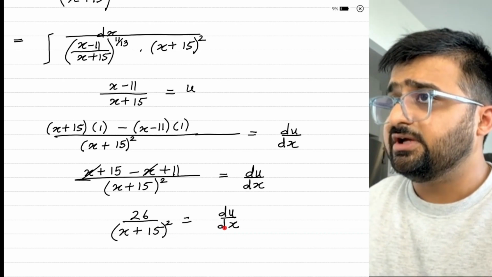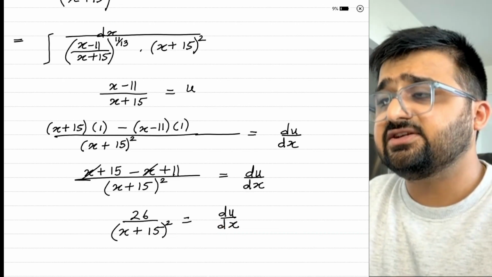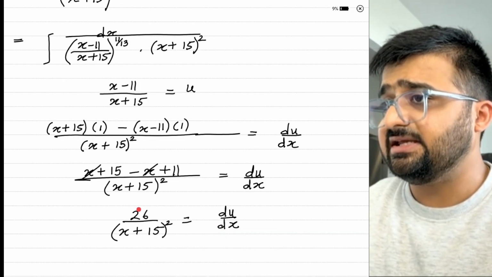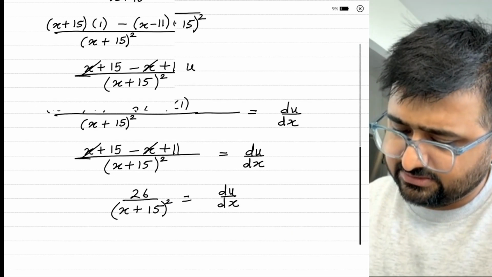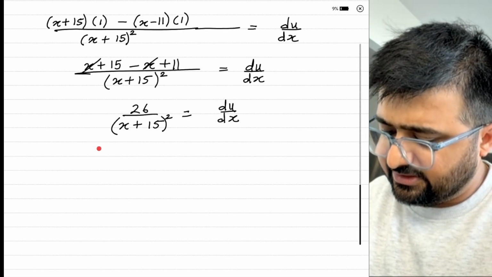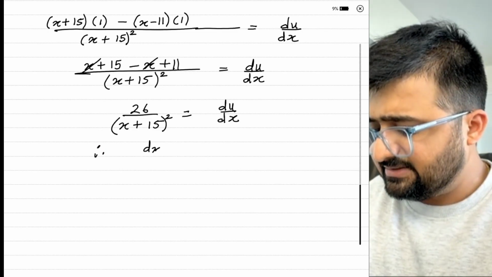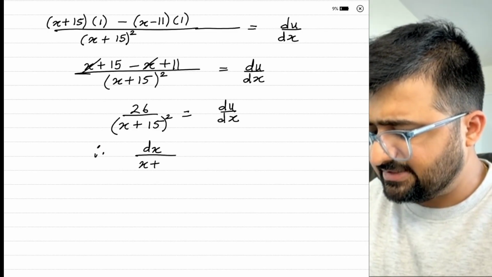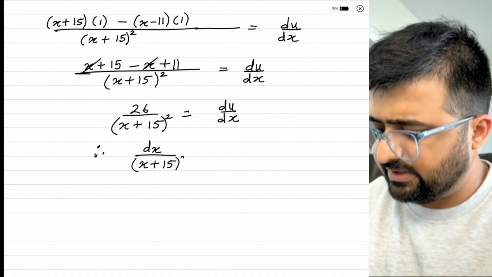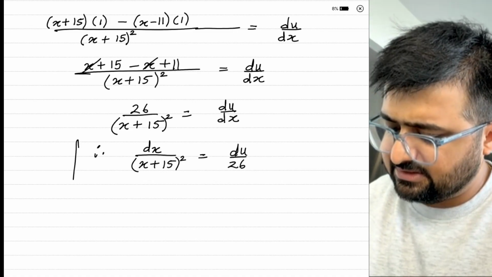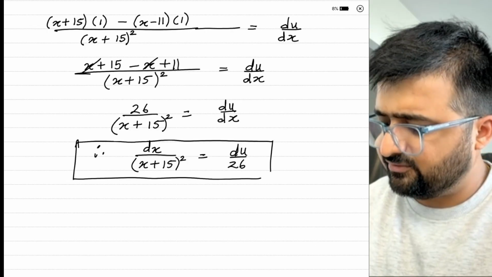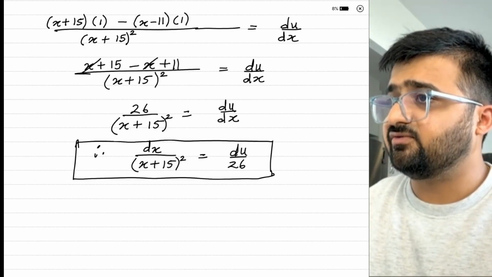So in order to convert that dx in terms of du, just multiply that dx on the left hand side, take that 26 on the right hand side. So what you'll have is, therefore, dx divided by x plus 15 the whole square is equal to du divided by 26. So this equation will be used to convert that dx to du.